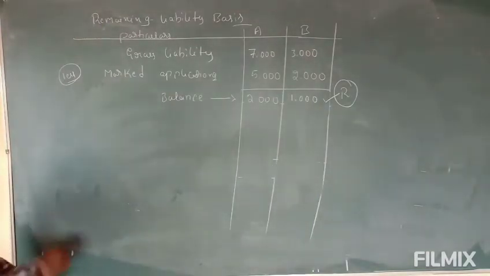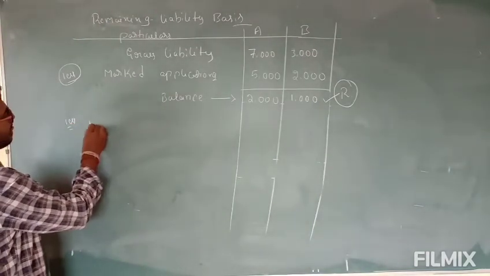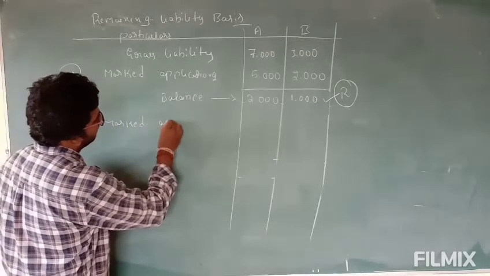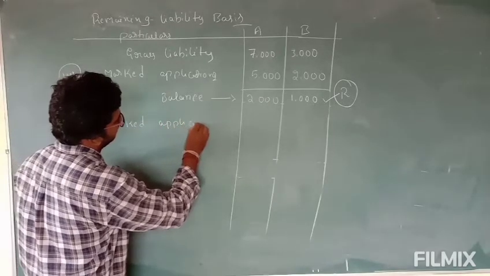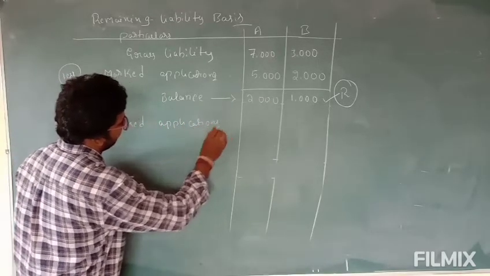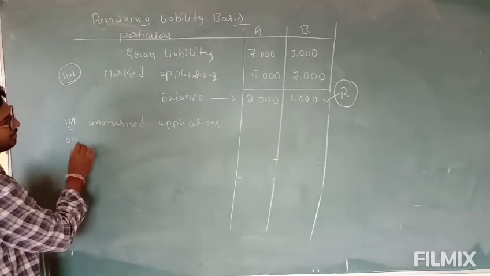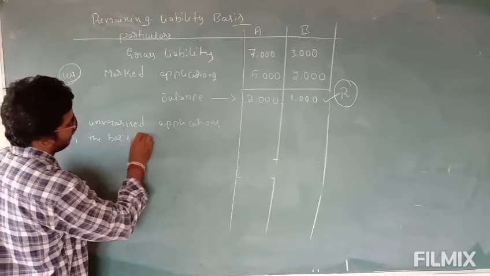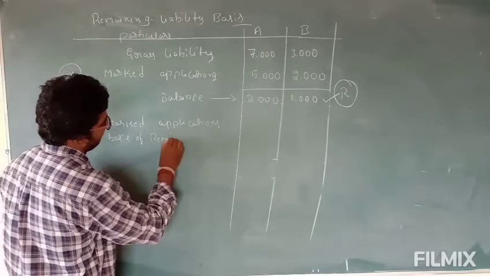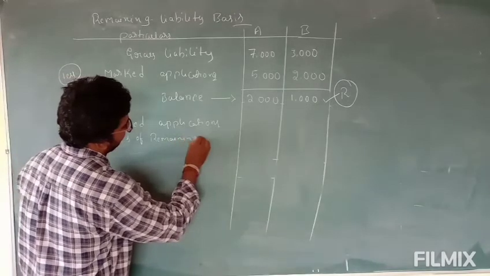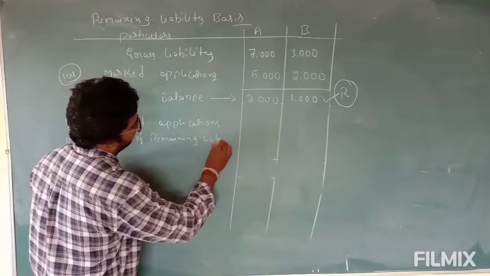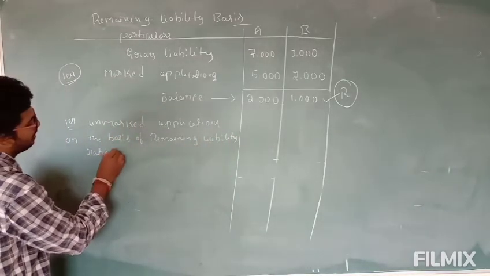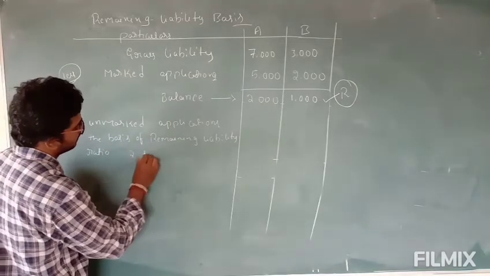So less unmarked applications on the basis of remaining liability ratio. The remaining liability ratio is 2,000 is to 1,000, that is 2 is to 1.